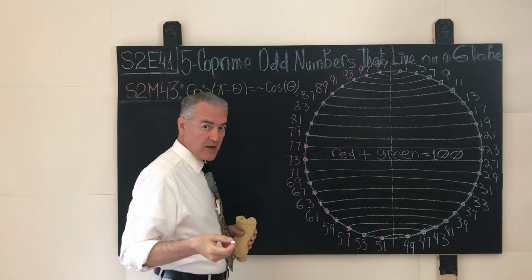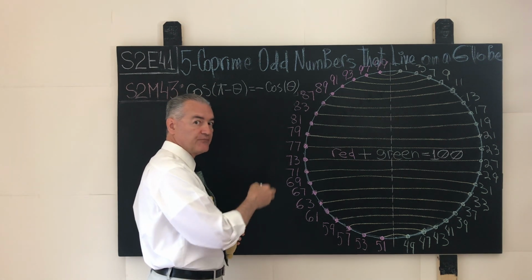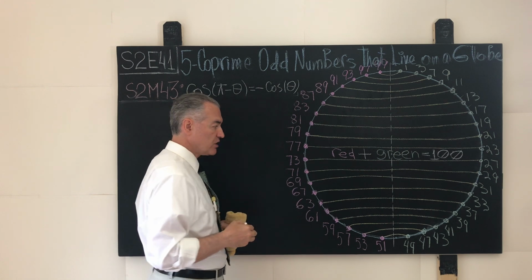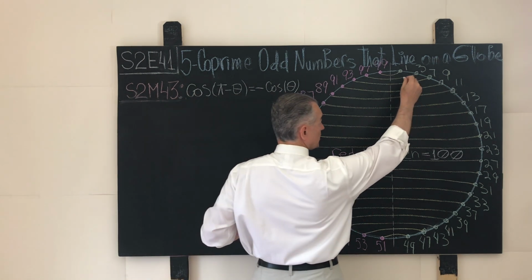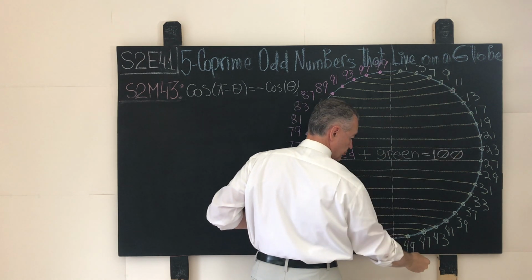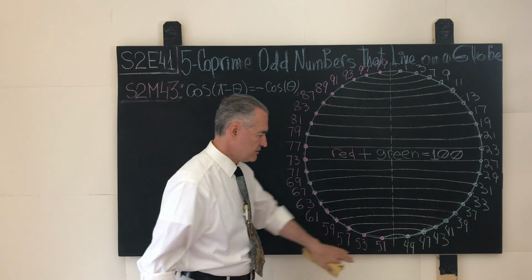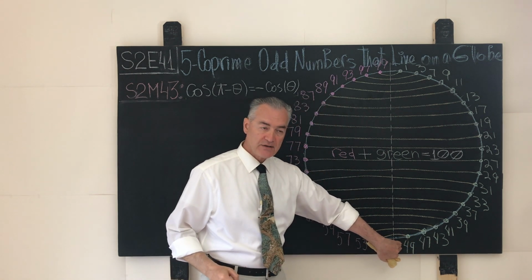In the green hemisphere live the first 20 numbers between 1 and 100 that are coprime to 100. And these numbers run 1, 3, 7, 9, 11, and so on, all the way to 43, 47, and 49. The last green number will be 49.